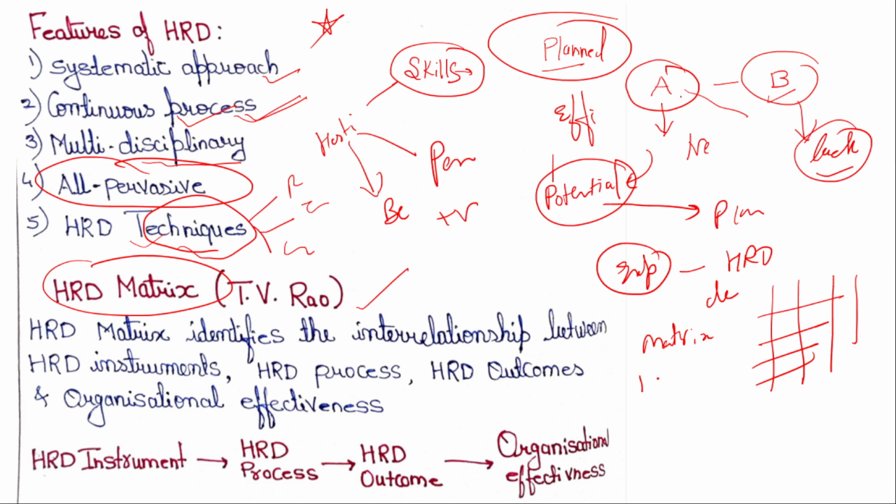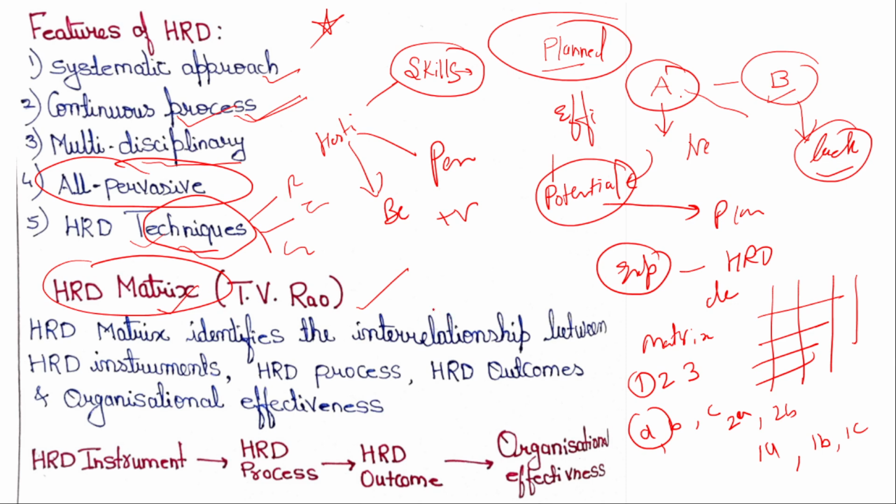So if I have 1, 2, 3 as one dimension, and A, B, C as another set of dimension, then 1 and A is one combination, 1 and B is one combination, 1 and C is another, 2A is another, 2B. So when the dimensions or the elements are combined together to give multiple opportunities or multiple options, that is called a matrix.